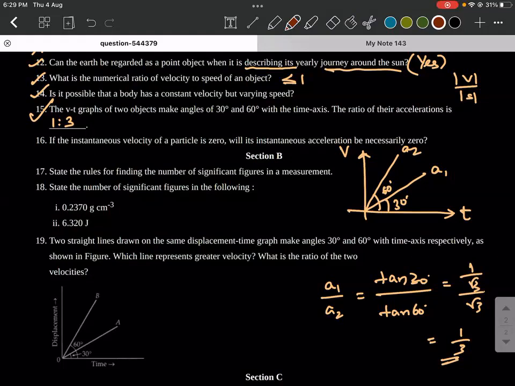If the instantaneous velocity of a particle is zero, it means at a particular instant the particle has zero velocity. At that instant, can I say that the acceleration is also zero? Your guess? Yes. What about your guess? Yes, sir.